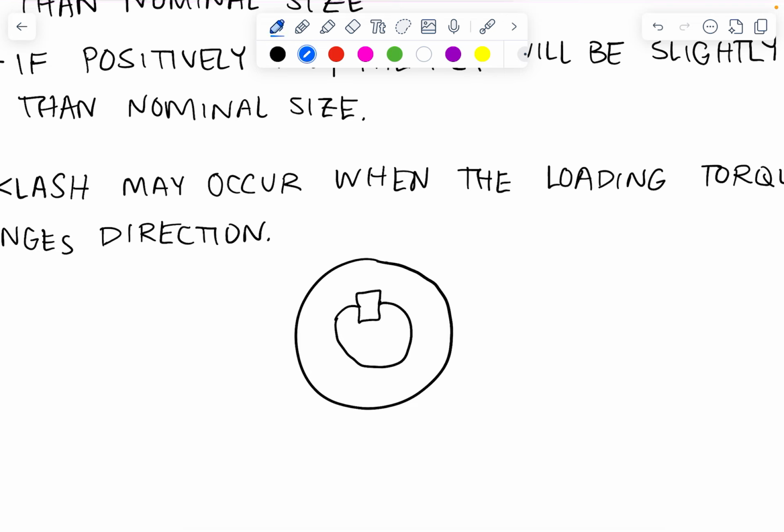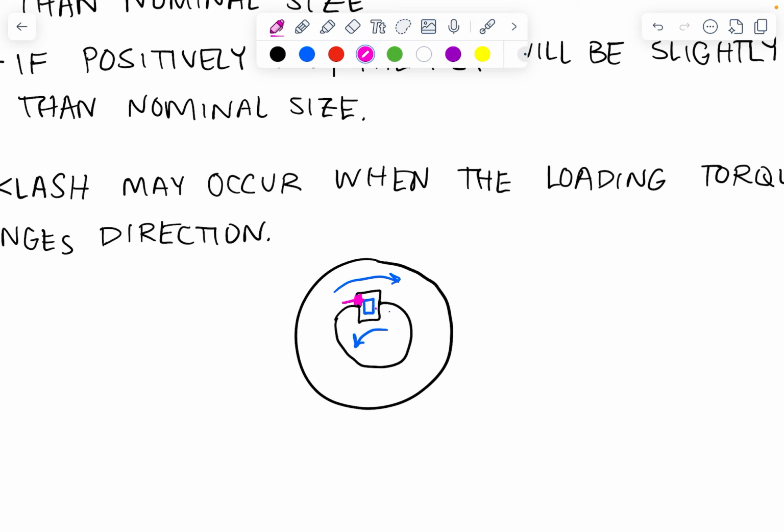If my key is smaller than the key seat, when this thing rotates, the shaft is going to want to go one direction and the hub is going to react to that, go the other direction, or vice versa, then because there's a little bit of clearance here, we can have impact between these two pieces.